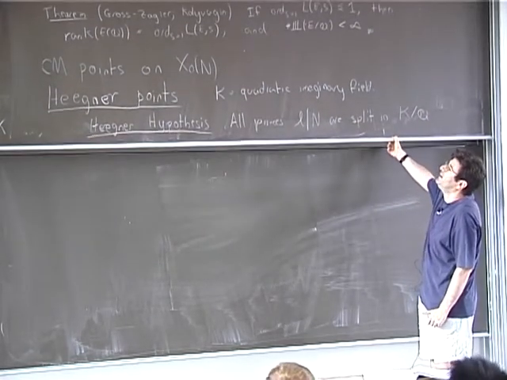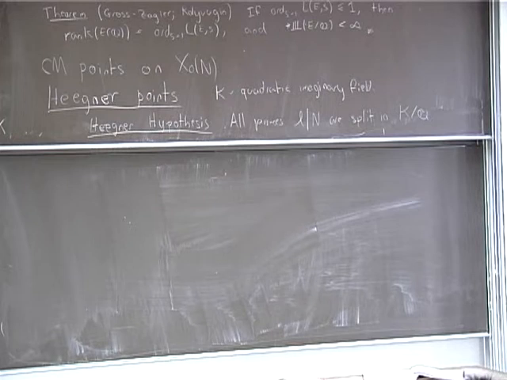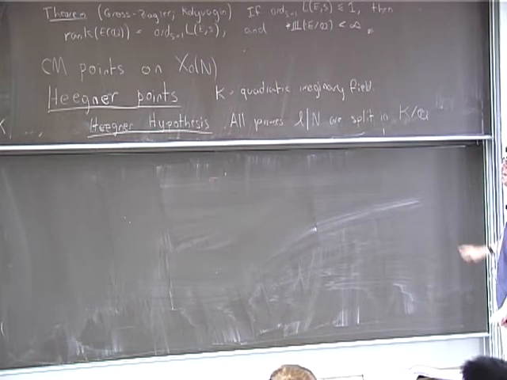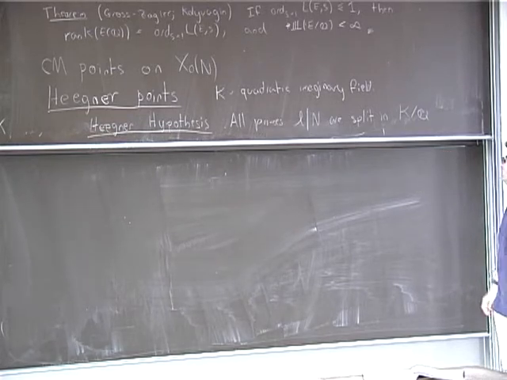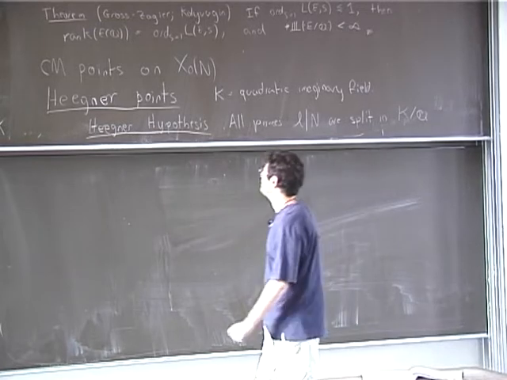Okay, so we can always find infinitely many of these by quadratic reciprocity and, I mean, the Chebotarev theorem, if you want. So we can find such a K.